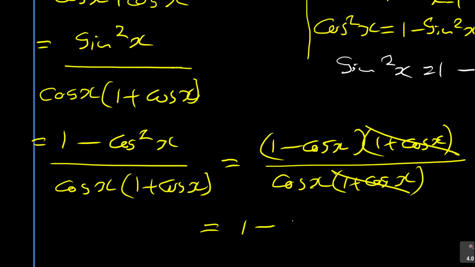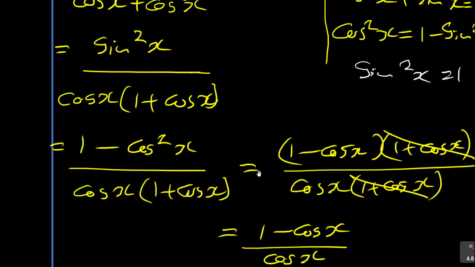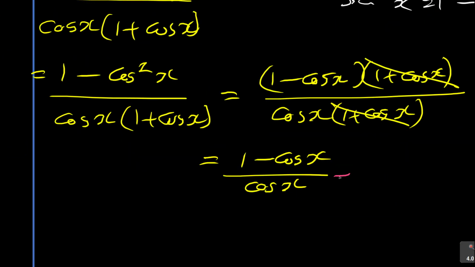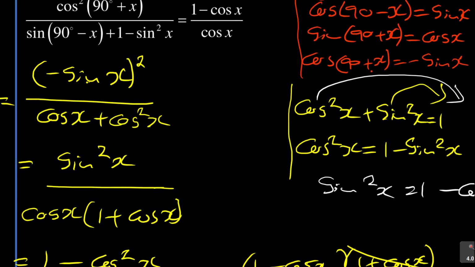Equal to 1 minus cos x over cos x, which is equal to our right hand side. We managed to simplify it into that. That is that in this part.